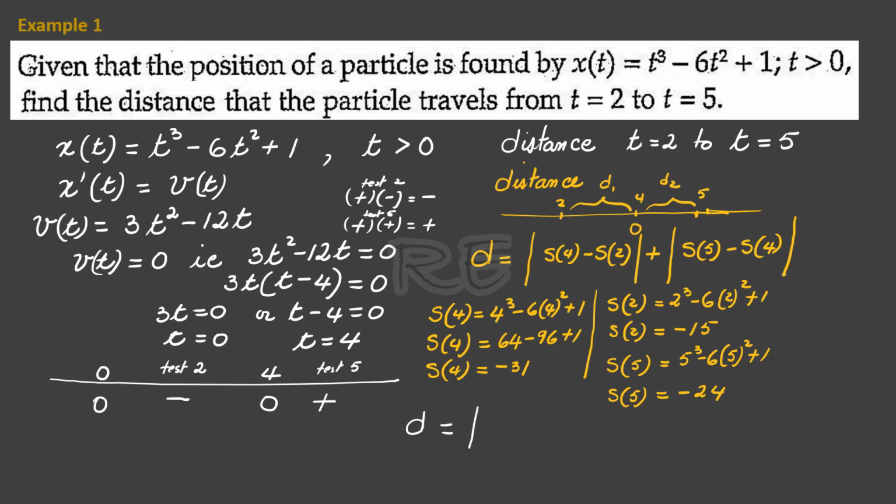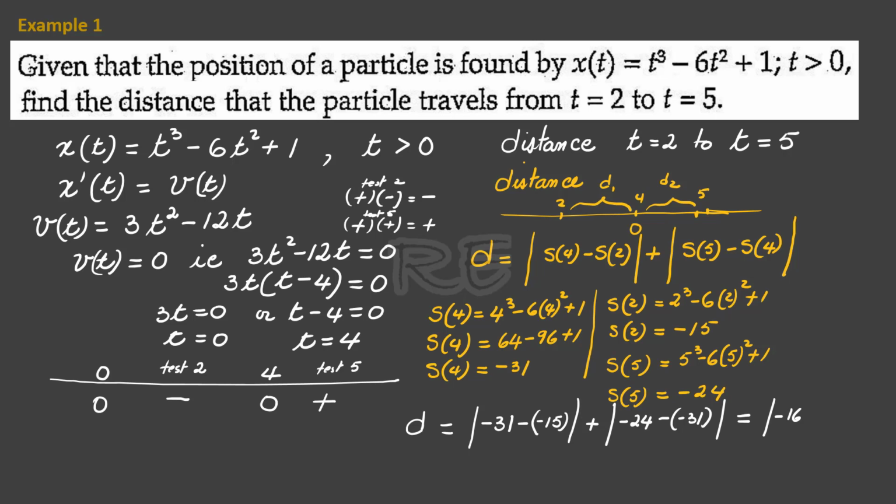Now, the total distance will be the absolute value of negative 31, s of 4, minus negative 15, s of 2, plus the absolute value of s of 5, negative 24, minus negative 31, which is s of 4.